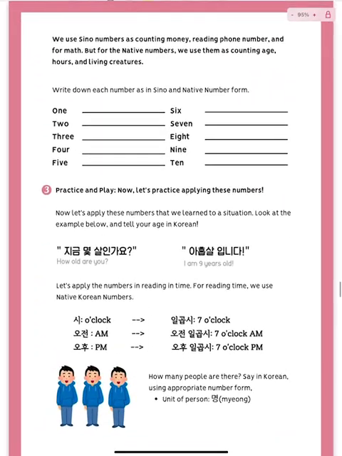We use Sino numbers for counting money, reading phone numbers, and for math. But for the native numbers, we use them for counting age, hours, and living creatures. Write down each number in Sino and native.